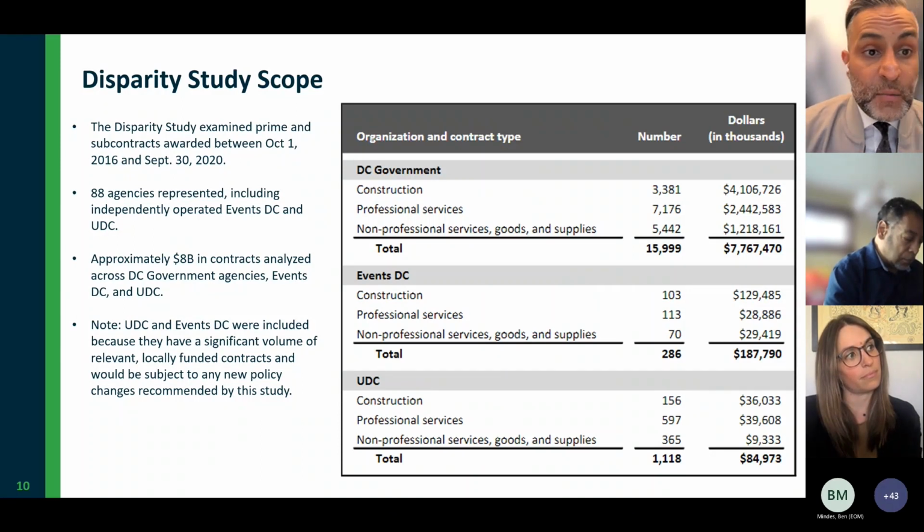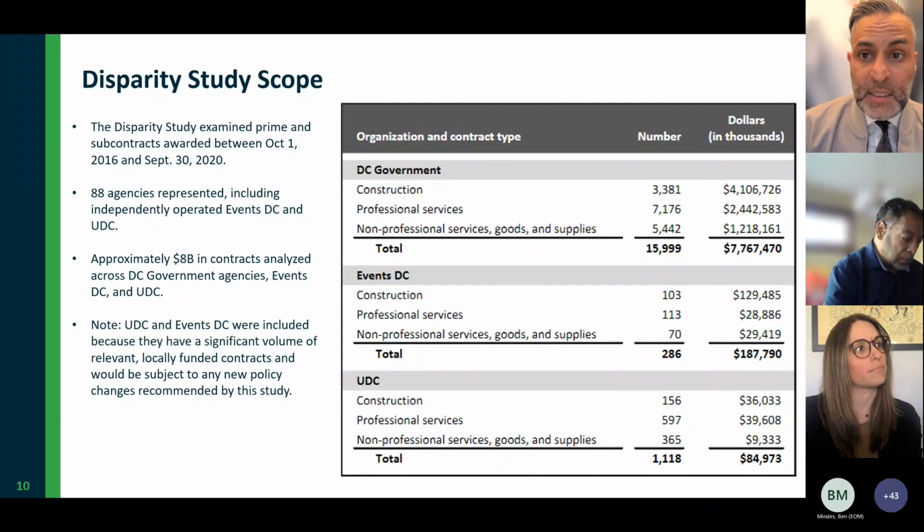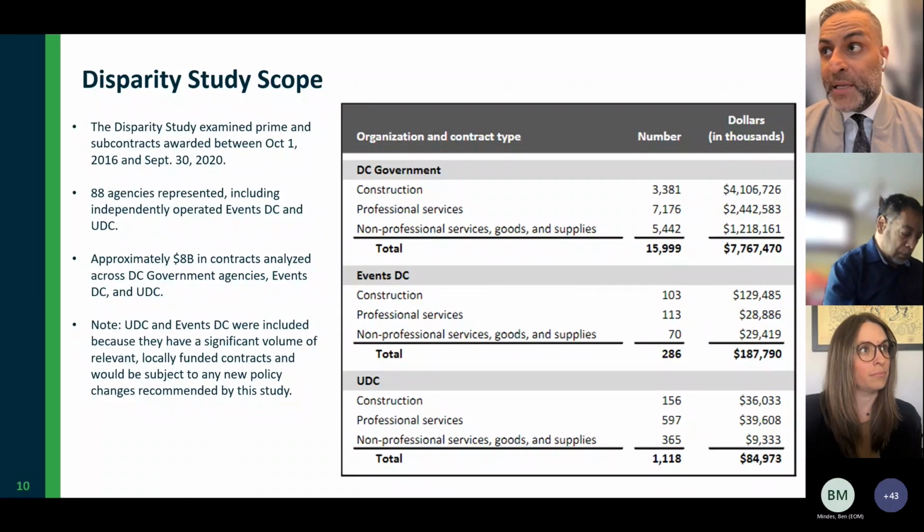In total, there were 88 agencies that were represented as part of the disparity study, and that includes two independent agencies, Events DC and the University of the District of Columbia, which we include as part of the disparity study as well. And in total, they represented nearly $8 billion of contracts and procurements that we analyzed as part of their contracting and procurement processes.